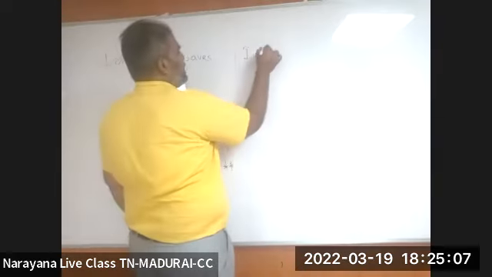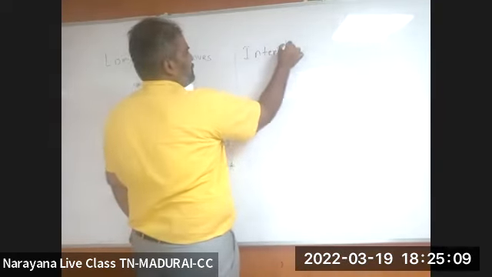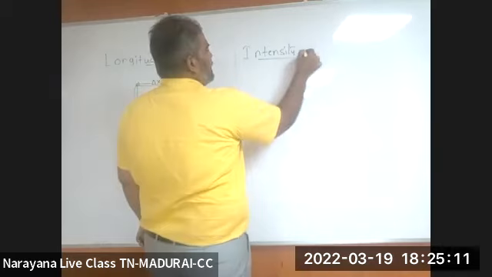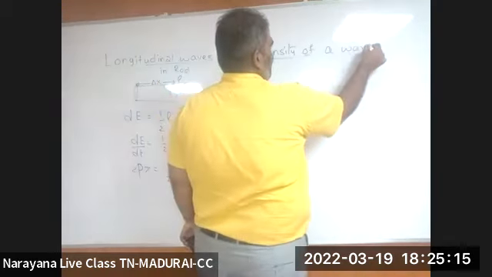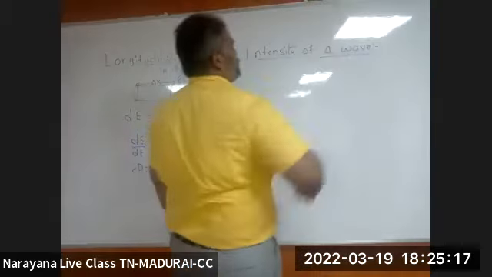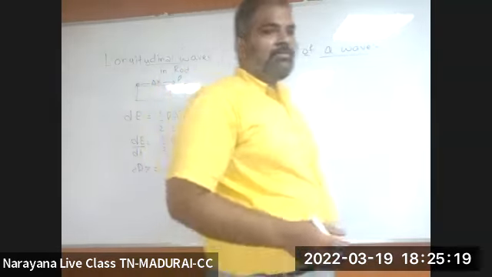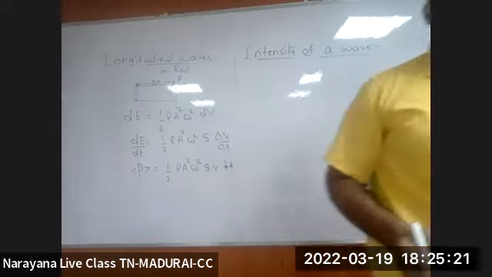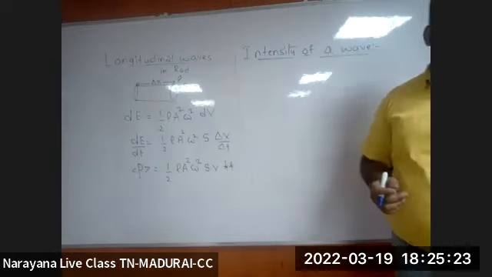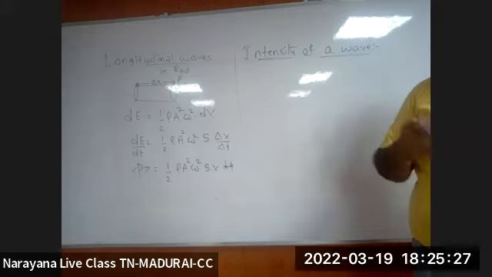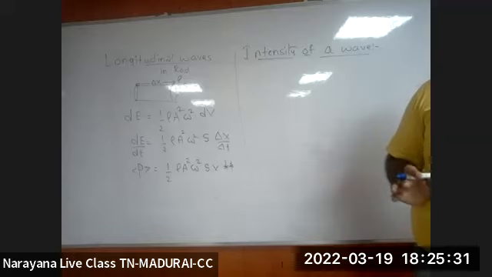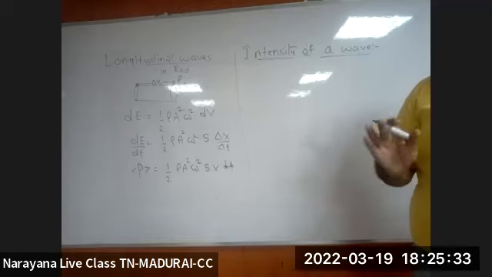How can you define intensity? Tell me. Intensity of a wave. You have some intention, for example, the intention of studying. What is the meaning of intention of studying? Having intention means having the ability to study or to learn something.